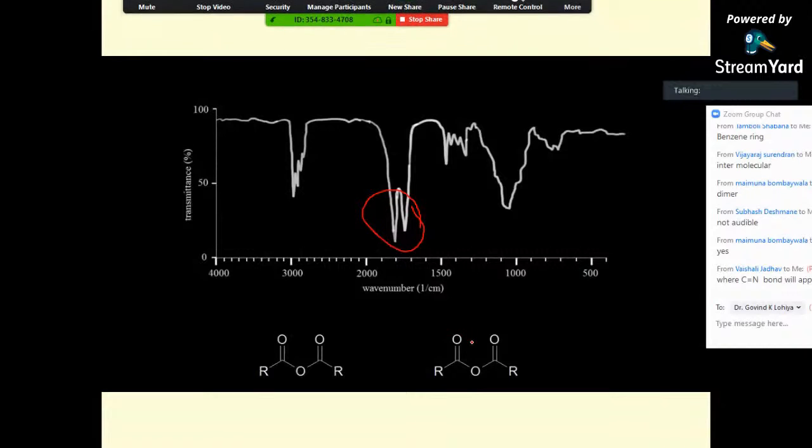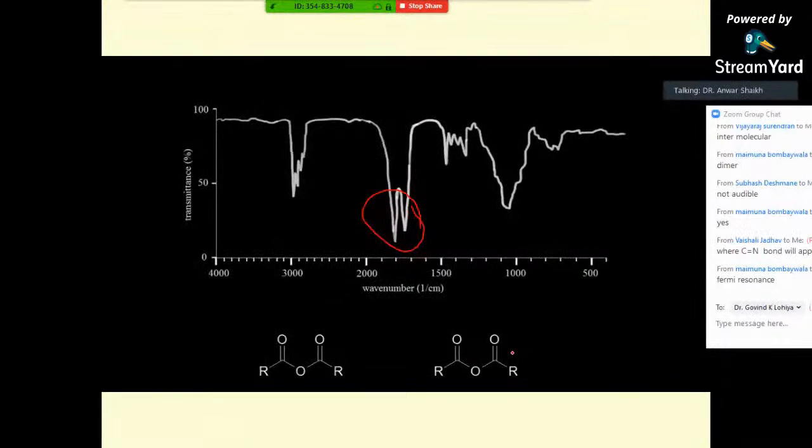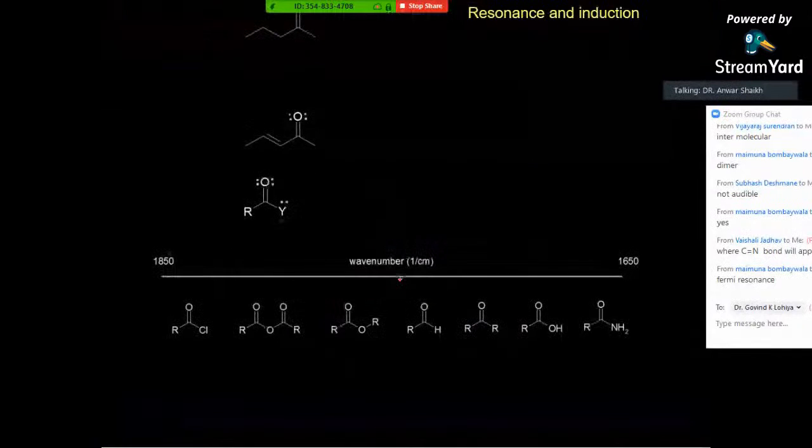Okay, and again the reason is the same: it is due to the symmetrical stretch, one peak, and due to the unsymmetrical stretching, the other peak. So here the peak is bifurcated into two at that region due to the symmetrical and asymmetrical stretching.